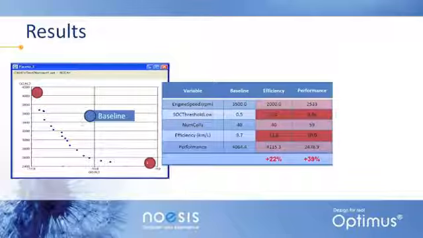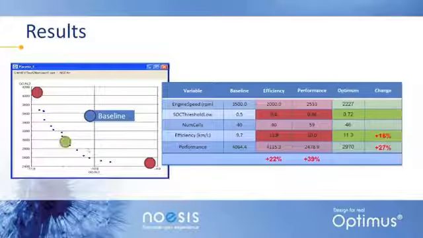You can see the two optimal points on each end. 1 point increases the efficiency by 22%, but has very little effect on the performance. In fact, we go the wrong direction on the performance. As you can see, it's above the baseline. And the performance optimum, which improves our performance by 40%, but has very little effect on the efficiency.